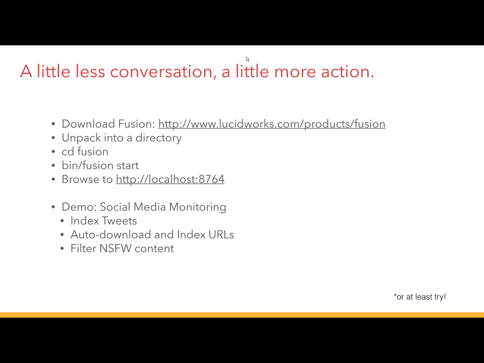And I said yes, and I'm going to show you why, because what we're going to do is actually index that content, and anytime we see URLs within it, we're going to go and fetch those URLs using a little bit of custom pipeline capability. And then we are also going to filter that content for not safe for work words, or at least we're going to attempt to do that. Obviously, Twitter is like the wild, wild west, and who knows what people are going to say in there.